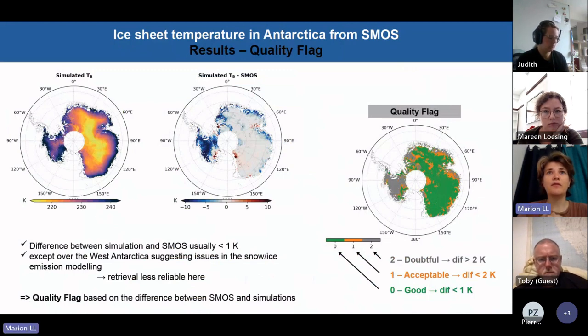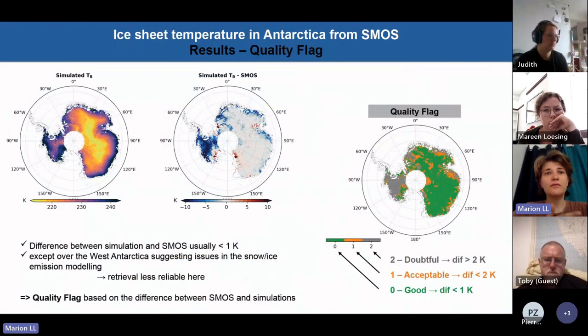That means we have a good quality in this place, but in West Antarctica, differences are higher than 5 Kelvin. It's not very good. This suggests that we have some trouble with the ice emission modeling because the ice dynamic in this place is really different from the plateau.